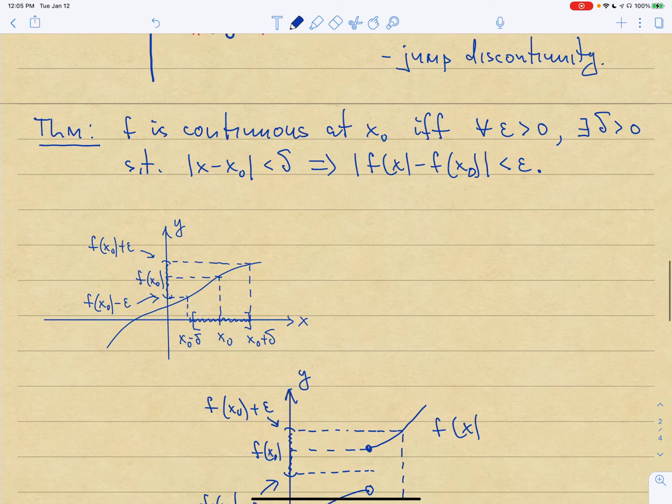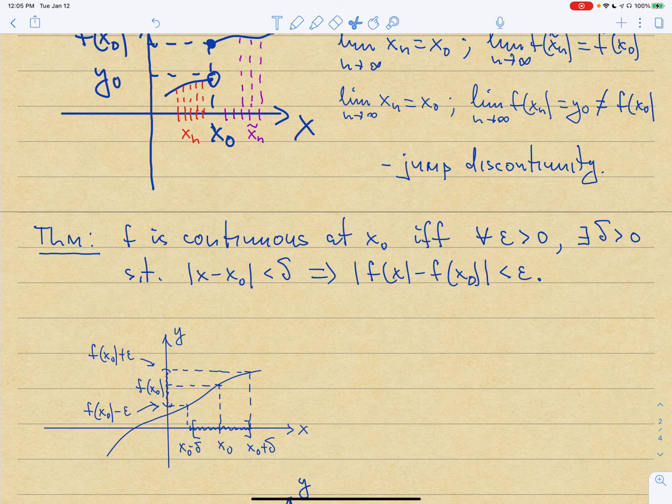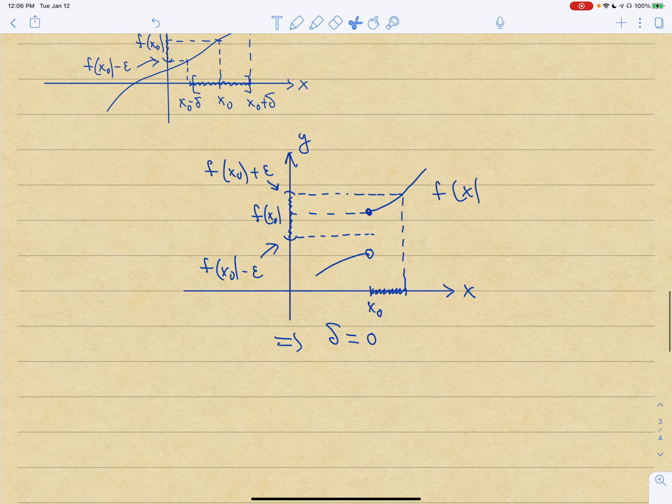And if delta is equal to 0, then I'm not satisfying my condition that the magnitude of x minus x0 must be less than delta, where delta is strictly greater than 0, right? So the function is discontinuous at x0.